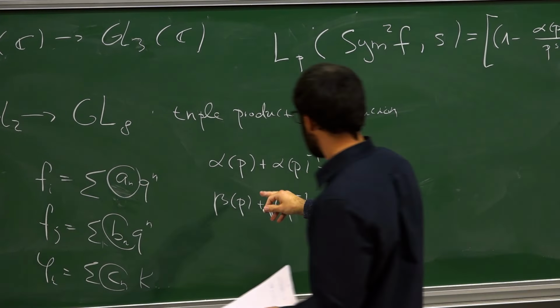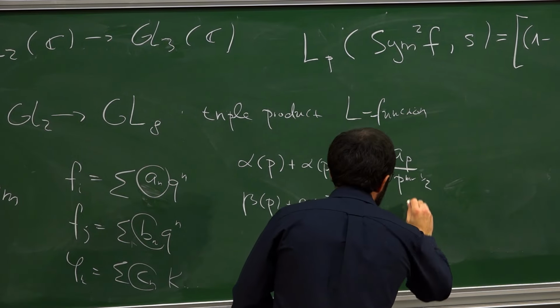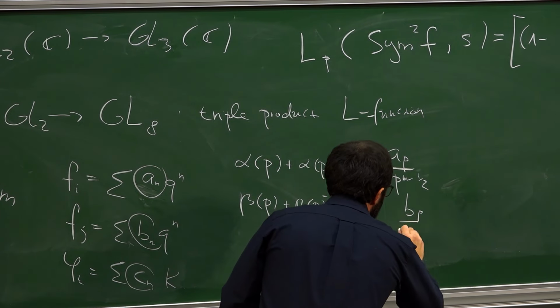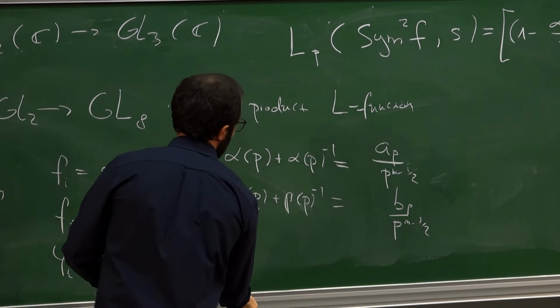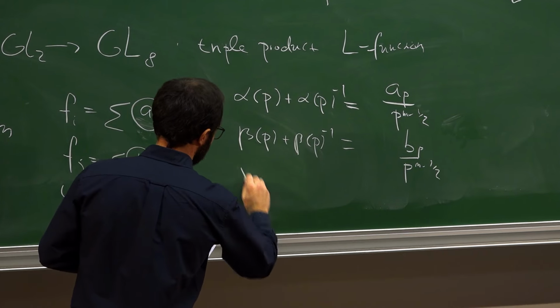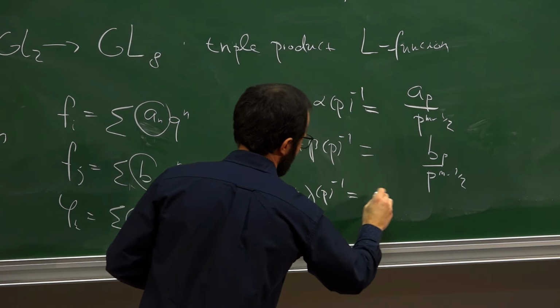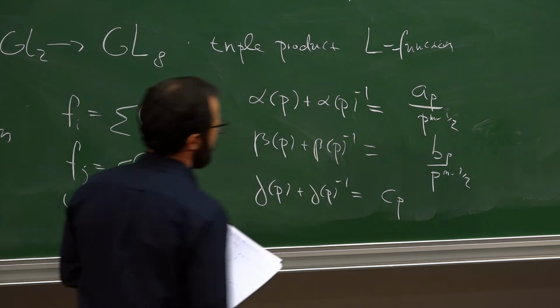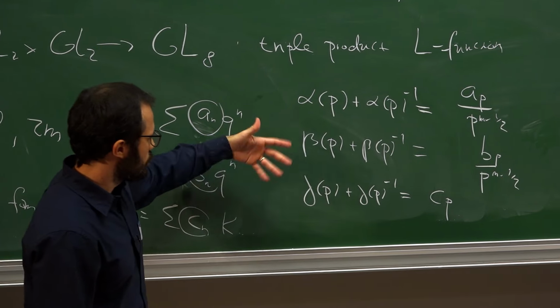That's a theorem of Deligne for the holomorphic case. So this is how you define the alphas, and for each of these there is this degree 2 standard L function.